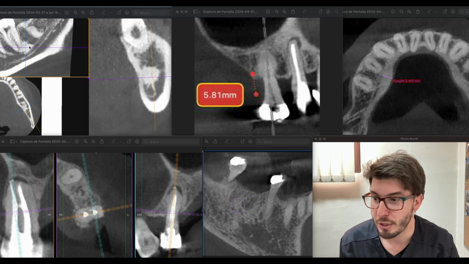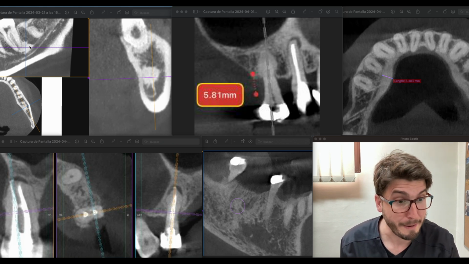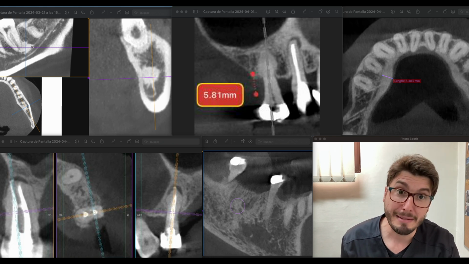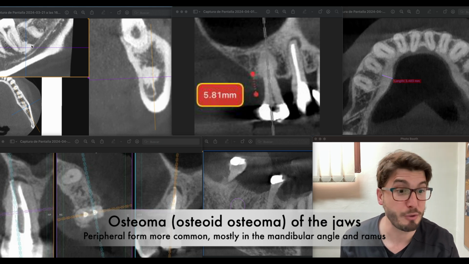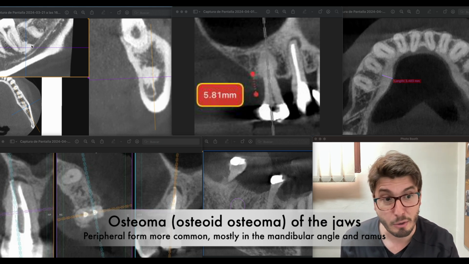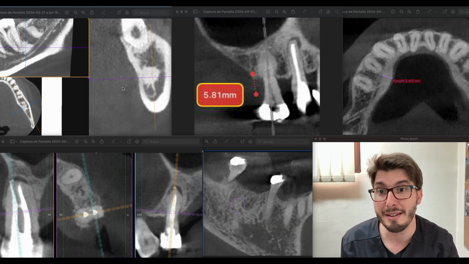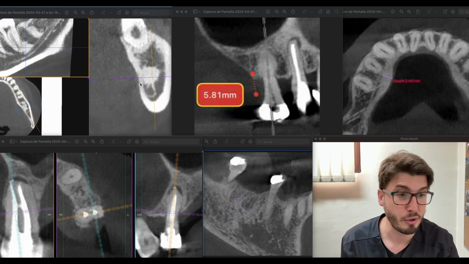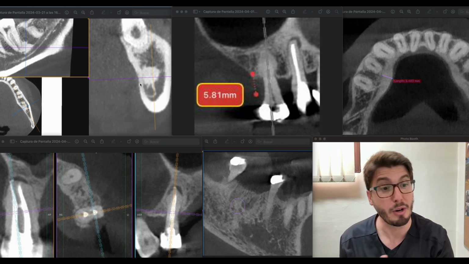Also, some students of mine asked why this is not an osteoma, okay? So osteoma in the jaws, most likely it happens in the peripheral form, not the central form. Peripheral osteomas will be attached to the cortical plate growing outside the alveolar ridge, because they are associated to the periosteum, not to the trabecular bone, okay?